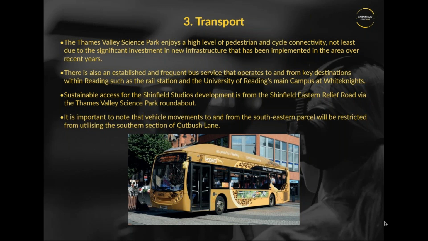And importantly, one of the key considerations for the temporary application that was being referred to is that all vehicular movements towards that parcel of land south of Cutbush Lane would be routed through the Science Park area itself, and therefore wouldn't need to use the southern section of Cutbush Lane onto the priority junction that is onto the Eastern Relief Road. So all the trips can be catered through the existing Science Park, and then utilise the main access roundabout for the Science Park.